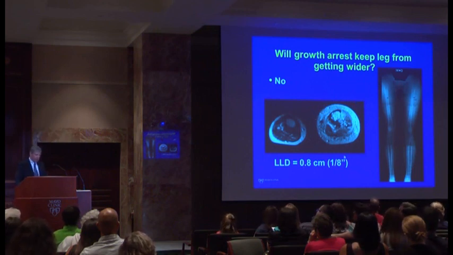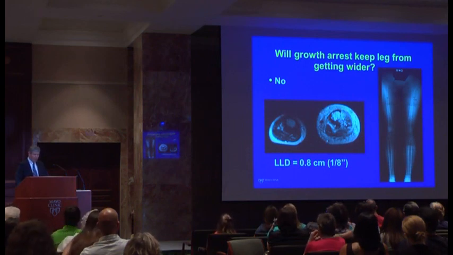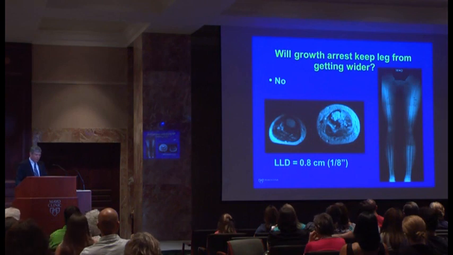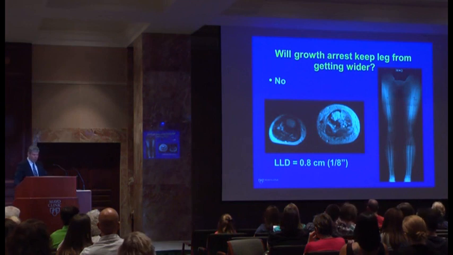In this case, you can see the difference between the two legs on this MRI scan. This leg has normal fatty layer under the skin. This layer has the real thick hypertrophied fatty layer that we see in KT syndrome. This patient also had some bony involvement. The center of the bone is white, indicating that there's little blood vessels inside the bone, and some of the muscles involved too.